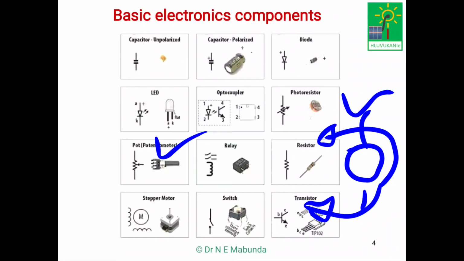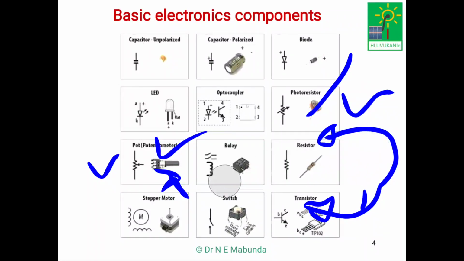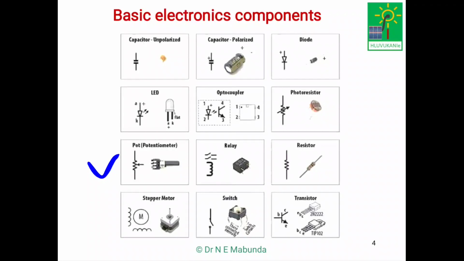That rotating thing is a variable resistor. There is a circuit symbol for it, and sometimes you may not use the knob, you use a screwdriver, insert it in, twist it, and then you change the value of what has to be changed.